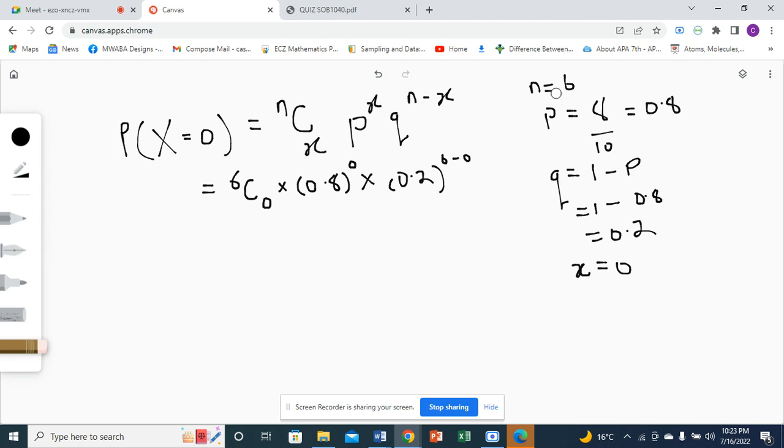Let's start with the combination. Number of trials 6, number of successes 0. We say 6C0. The formula for a combination is n factorial over n minus x factorial, divided by x factorial.